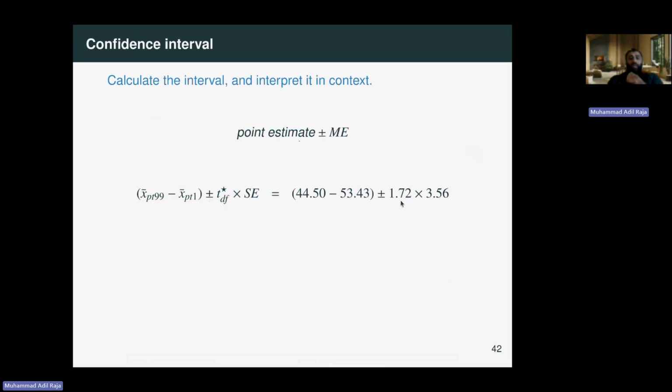So this gives us these values, and this is the interval, which says that the range is minus 15.05 to minus 2.81. Okay.